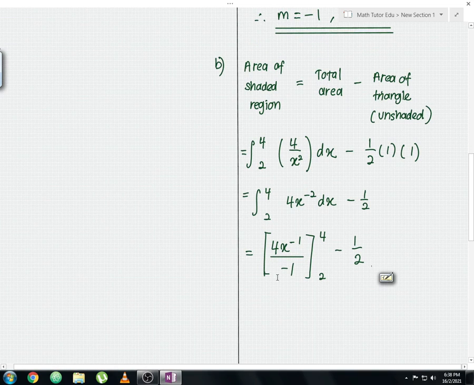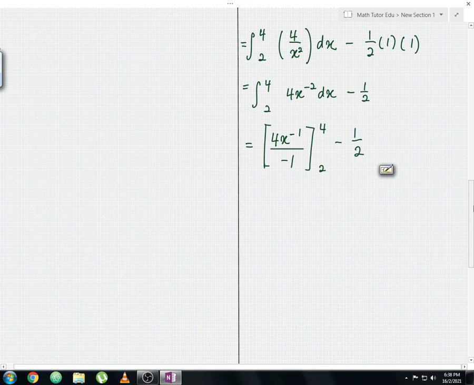I hope you understand the working till now. We're going to rearrange this working inside, so this expression is equal to negative 4 over x, with upper limit 4 and lower limit 2, and then minus 1 over 2.